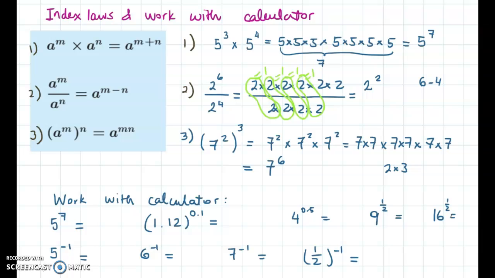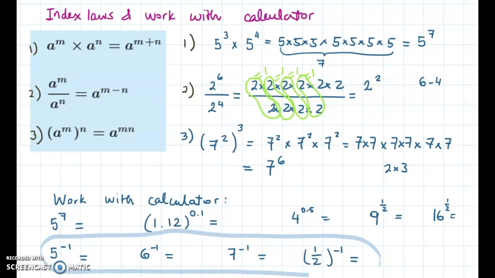Yeah, so make sure that you think about what's happening when you are doing powers to the -1, and also what happens when you're doing powers of 1/2 or 0.5, which is the same. We're going to comment on this later when we meet in class.